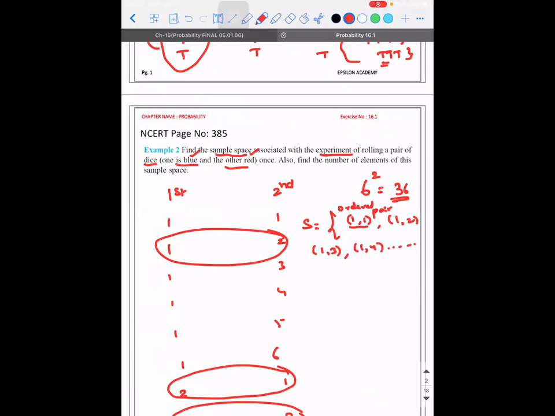It keeps on going till what will be the last number, guys? What will be the 36th number? Yes, it will be 6, 6. So from 1, 1 to 6, 6, there will be 36 elements in the sample space.